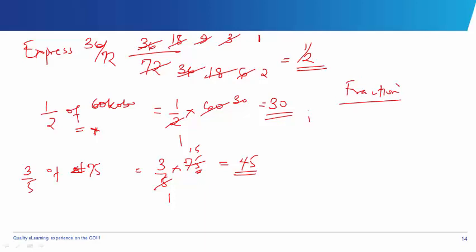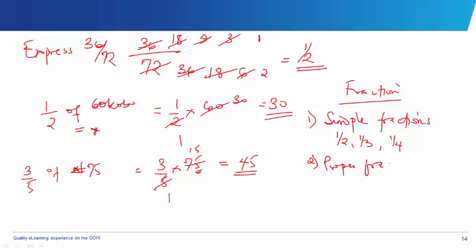The first type we've looked at, we'll call simple fractions. These are fractions in their lowest terms, for example, 1/2, 1/3, 1/4. Now we also have another type I'll call proper fractions.